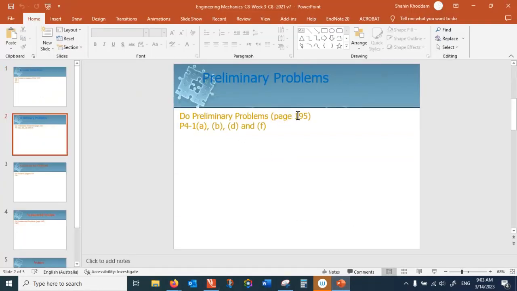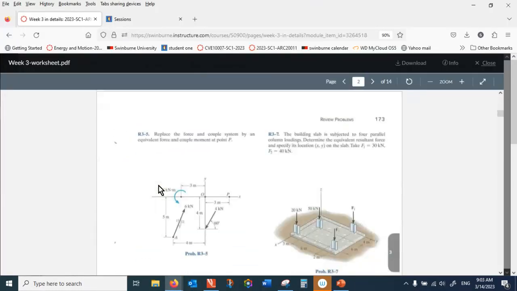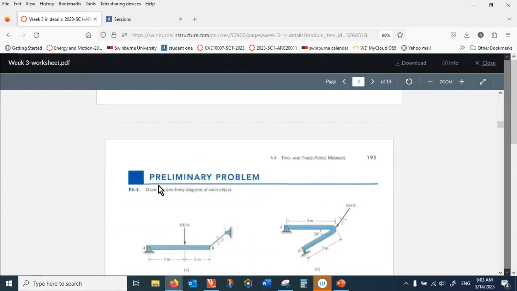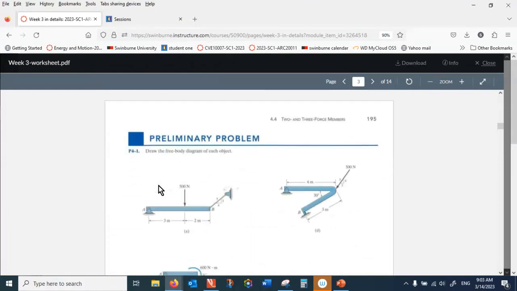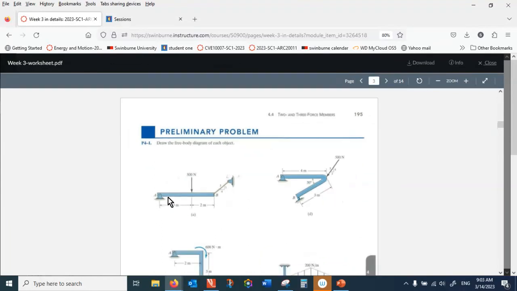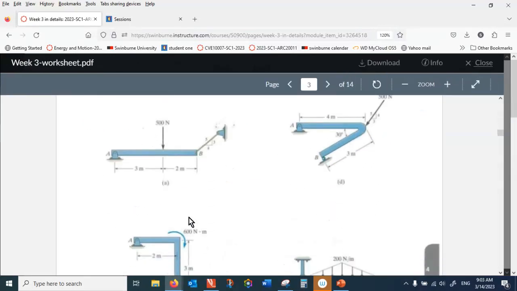So let's go to page 195. Okay, 195, we have different problems. Maybe we start from something simple. Agree?